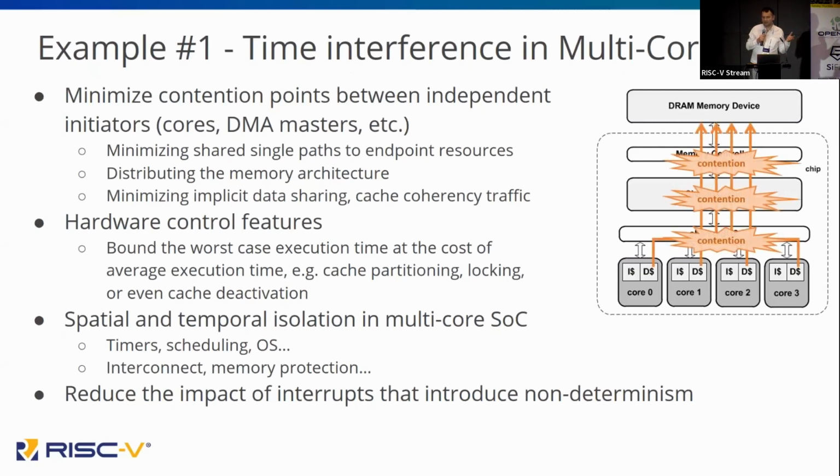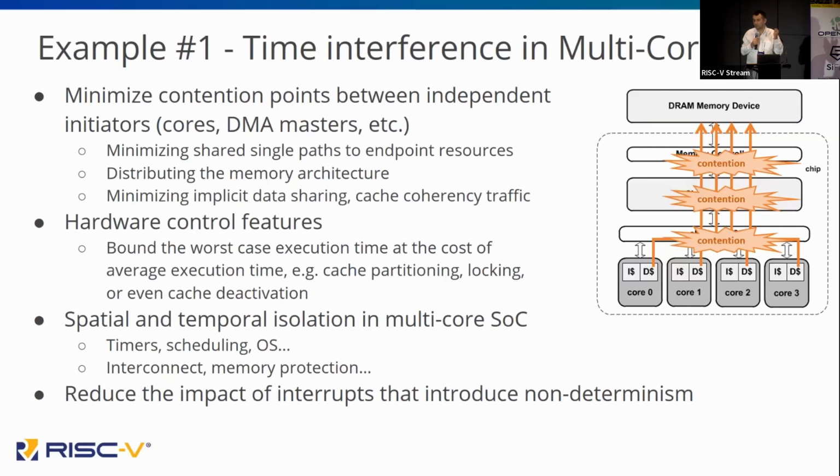First, the first example: timing interference in a multi-core. To address functional safety, you will want a task to be performed, very often, within a given delay. If you press the brake pedal in your car, the reaction should be in maybe 50 milliseconds.